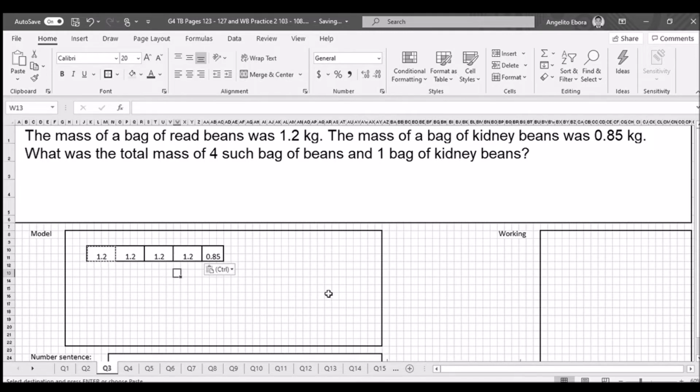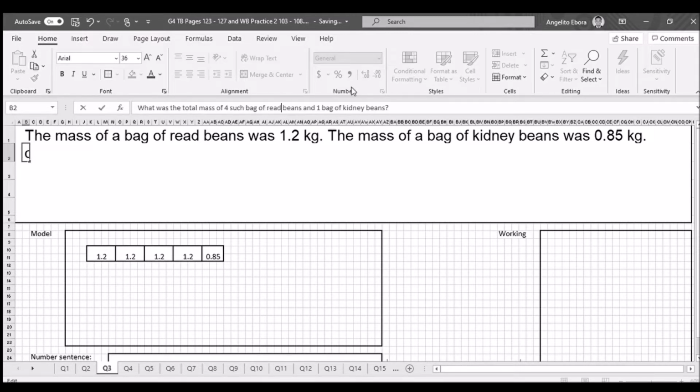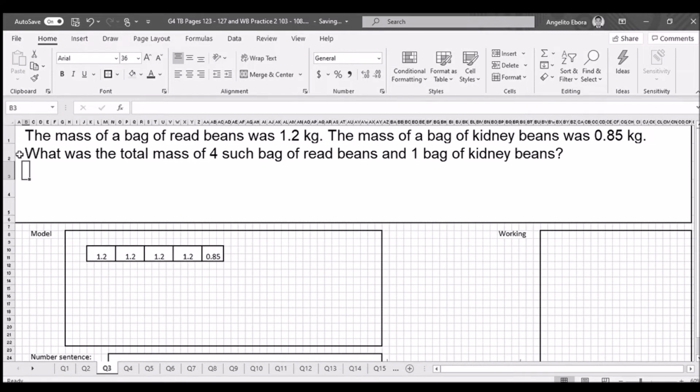Now, we have 4 bags of red beans, and 1 bag of kidney beans.